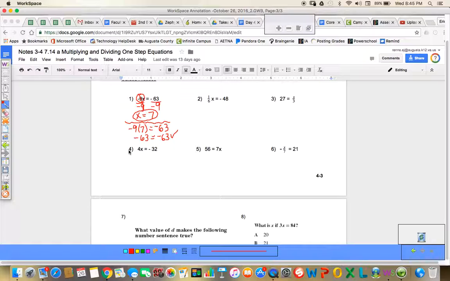Okay, let's look at example number 2. I have 16x equals -48. Now, think of this as a cup once again. Okay, if I had a cup and I cut it up into 6 parts, and one of the 6 parts was worth -48.